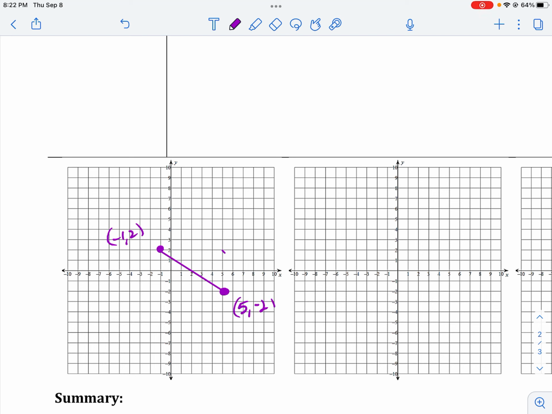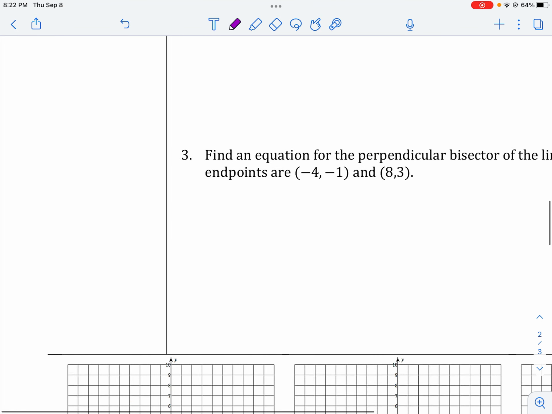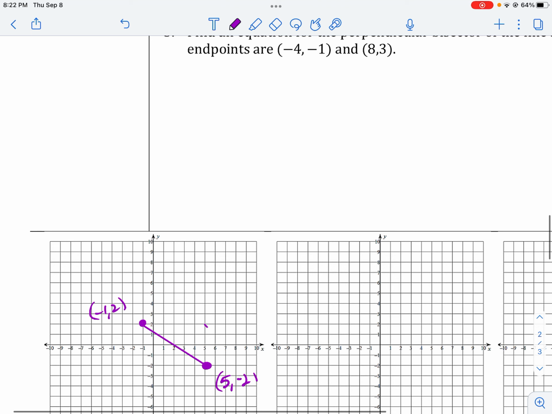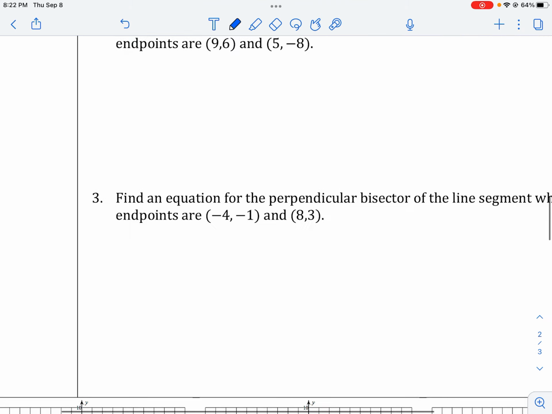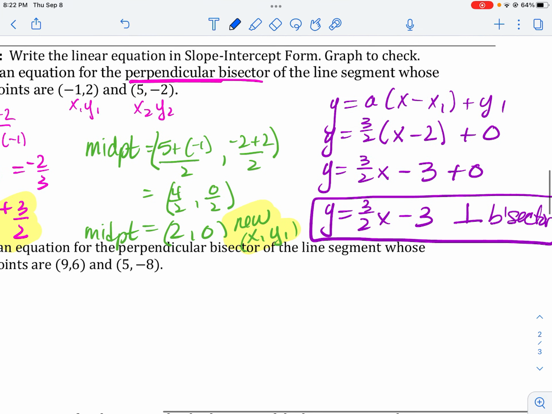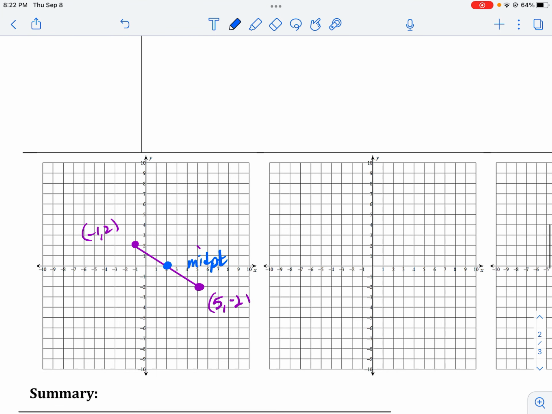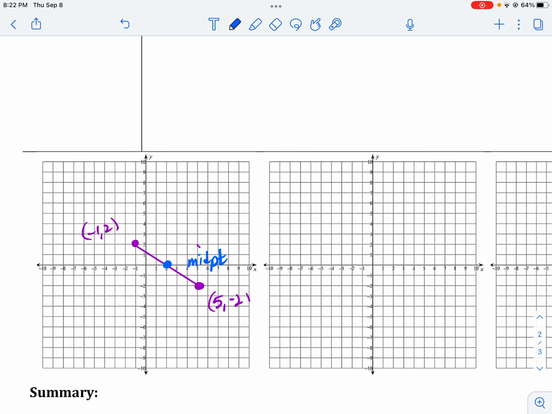So that's the line that we're given. Then we graph the midpoint. That's the point 2, 0. So 2, 0 is right here. That's our midpoint. So our perpendicular bisector is going to go through that. So when we graph the other line, we start at -3. Our slope is 3 over 2.